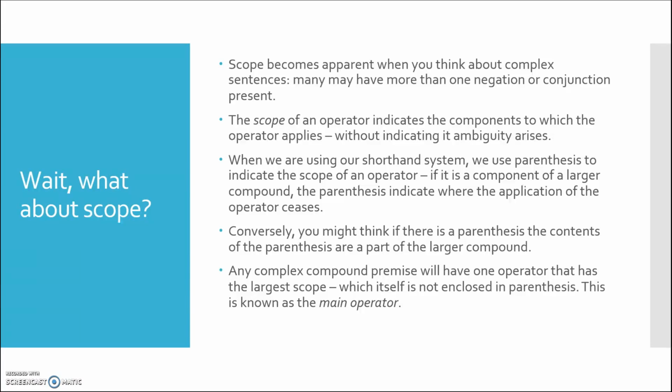You might conversely think of this as saying that if there is a parentheses, the contents of the parentheses are part of the larger compound. The parentheses act as that variable. They form the bounds, as it were. Any complex compound premise will have one operator that has the largest scope, which itself is not enclosed in parentheses. This is known as the main operator.